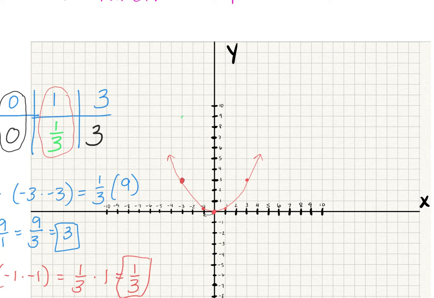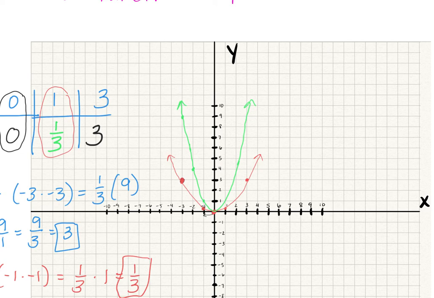Let's compare this to our parent function that looks like this. What's different when comparing the red function to the green one?